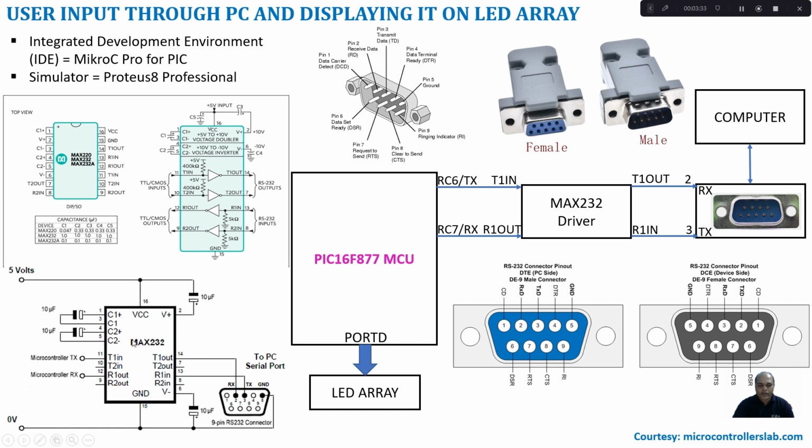The output of your MAX232, T1 out, will go to pin number 2 and R1 in will go to pin number 3 of your computer connector. The microcontroller transmitter and receiver lines are multiplexed in port C: RC6 is multiplexed with the transmitter line, RC7 with the RX line.